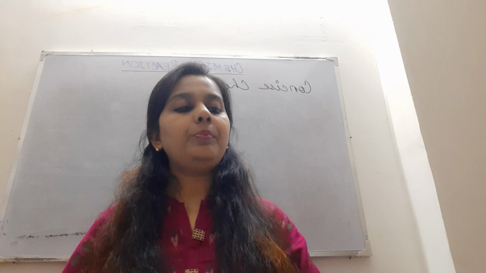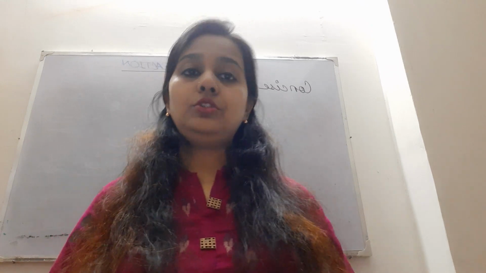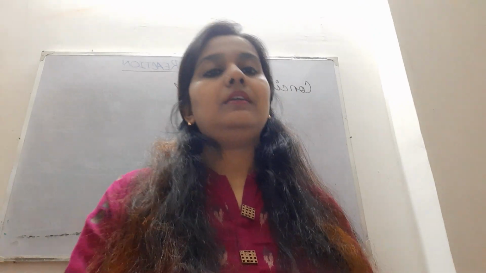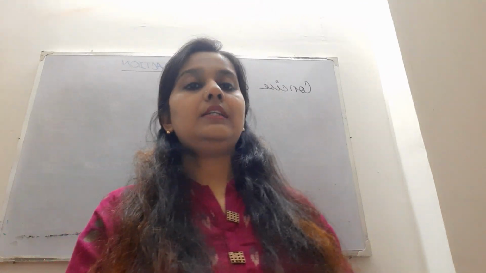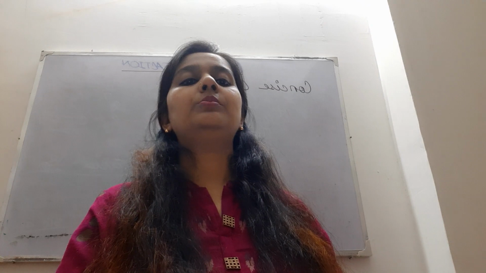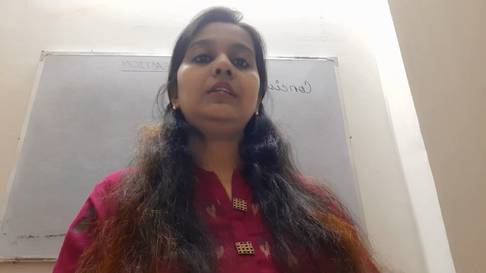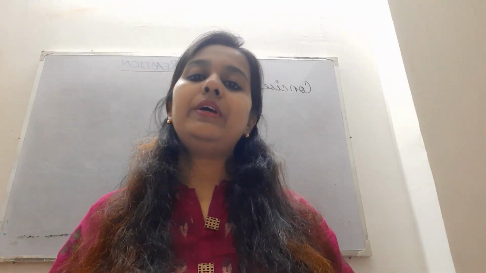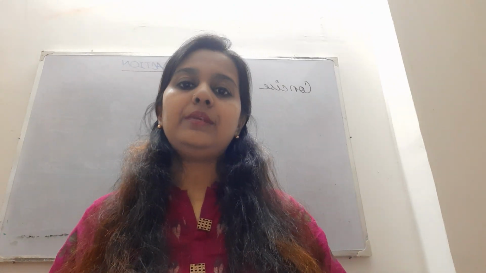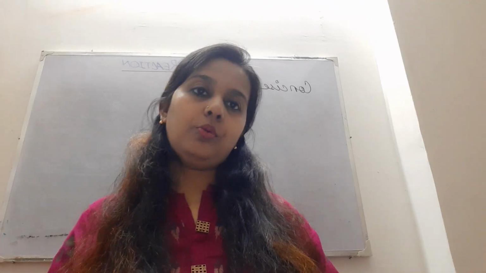Number E. Copper sulfate reacts with hydrogen sulfide. It is a rotten egg smelling gas. It provides us with the products copper sulfide and sulfuric acid. In this case, it is a double displacement reaction. Then we have another equation, number F: zinc when it reacts with copper sulfate provides zinc sulfate and copper.